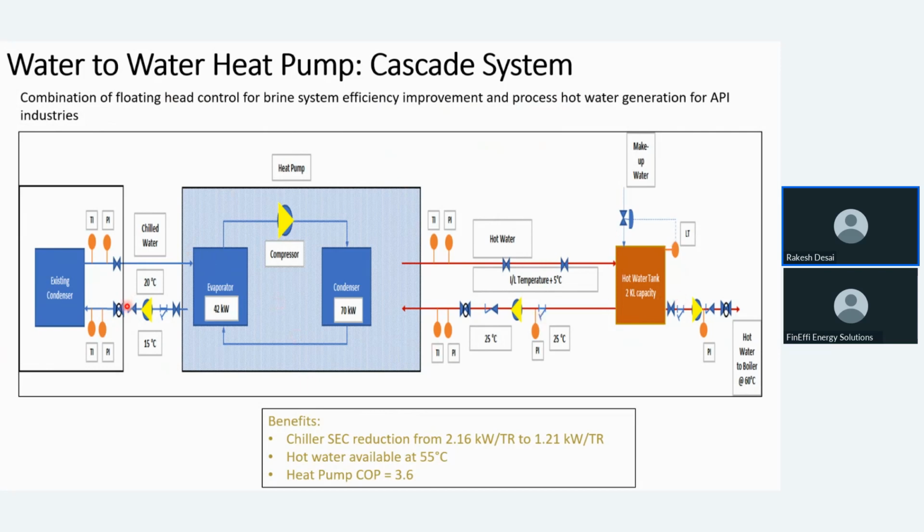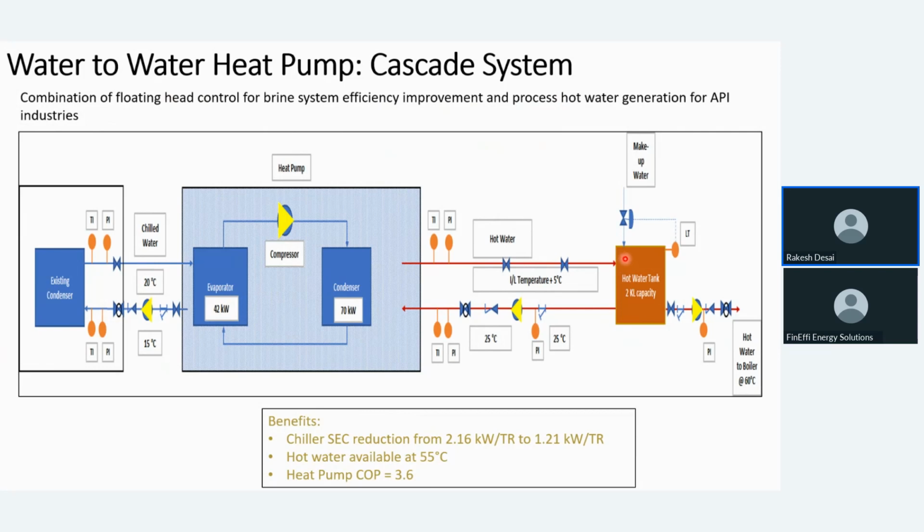So whatever low temperature energy generated, it is used in the existing brine condenser at the 15 degree centigrade inlet and 20 degree centigrade returns to the evaporator. The heat pump would generate 70 kW equivalent of hot energy, which can be used for meeting the hot water requirement, or it can be used to preheat the boiler feed water.